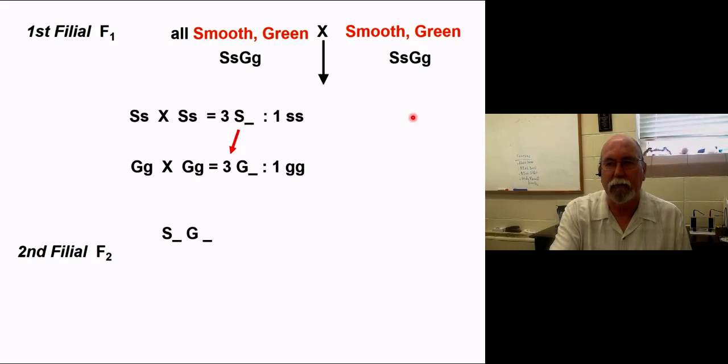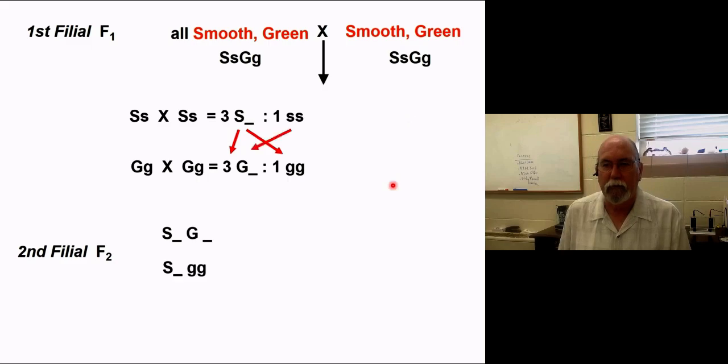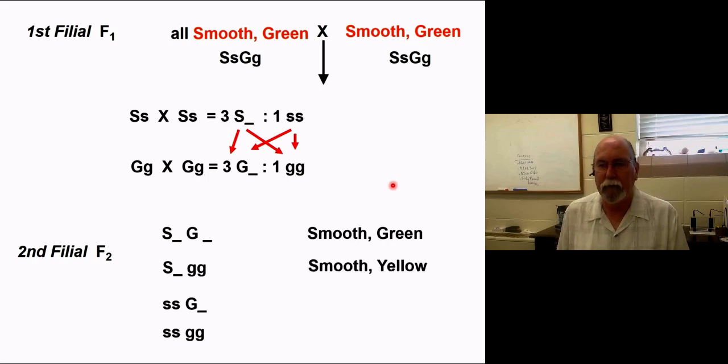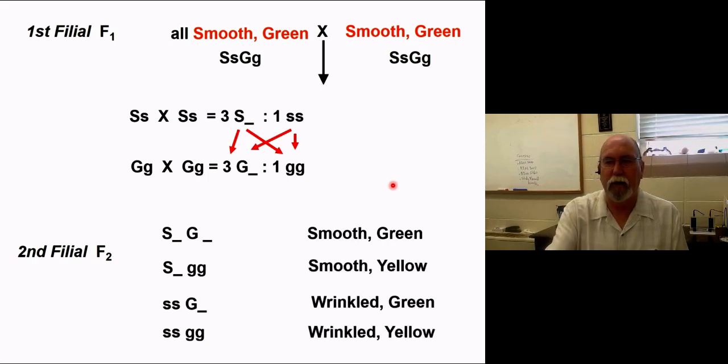Got all four of the possibilities there. We know what the phenotypes are because we know who's dominant, right? So big S is dominant, which is smooth. Big G is dominant, which is green. Big S, yellow. We got all those things right there.